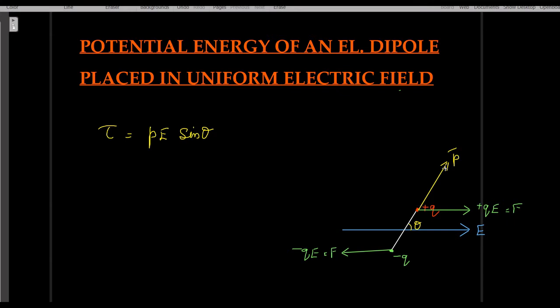Always dipole moment acts from negative charge minus Q to plus Q charge. This is the direction of applied electric field. Between P and E, the angle is theta. If it is so, the torque experienced by this dipole in uniform electric field must be tau equal to PE sin theta.